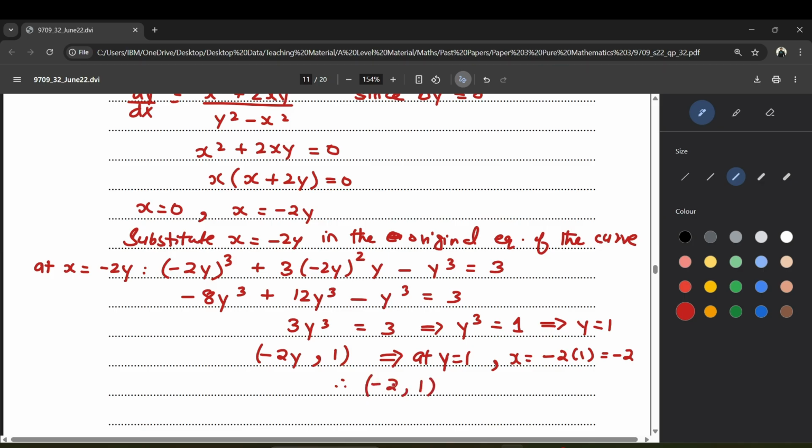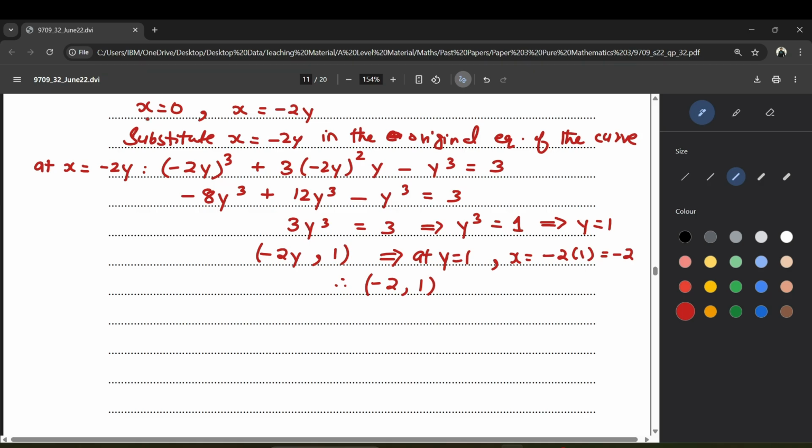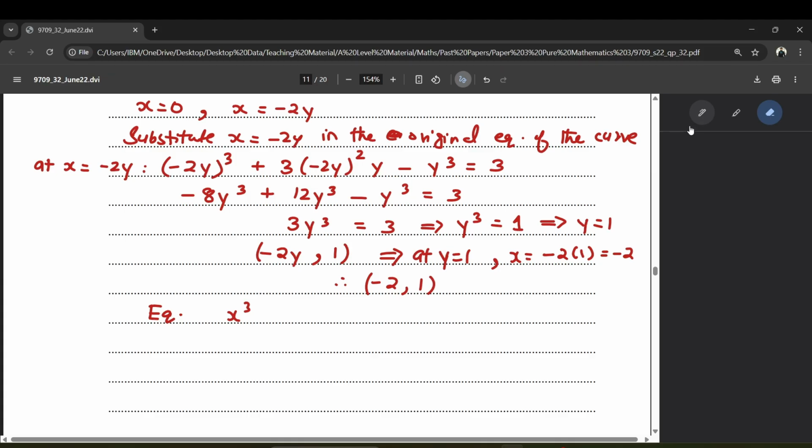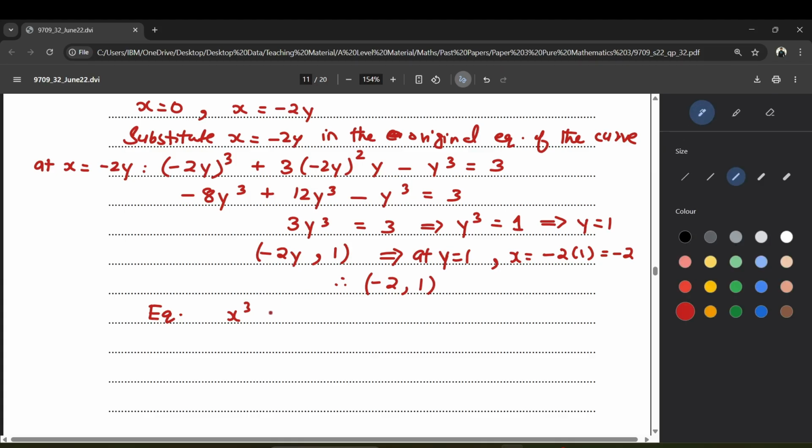That's our first coordinate. The second coordinate that we need to find is what happens when x is equal to 0, and I'm going to substitute in the same equation. So our equation is x cubed plus 3x squared y minus y cubed equals 3.